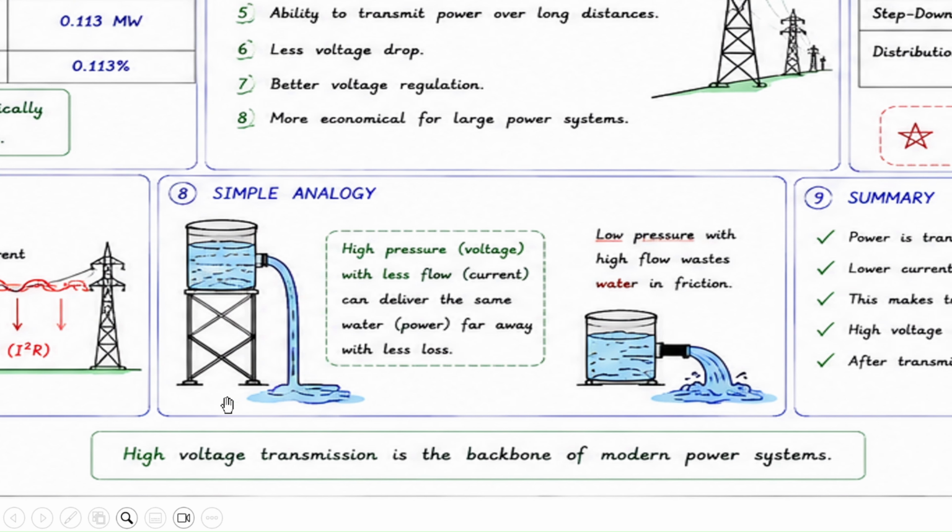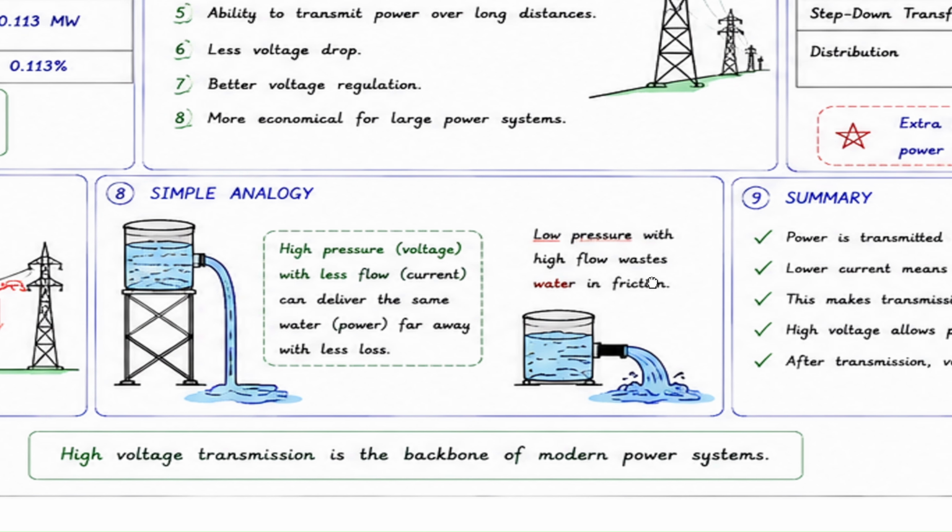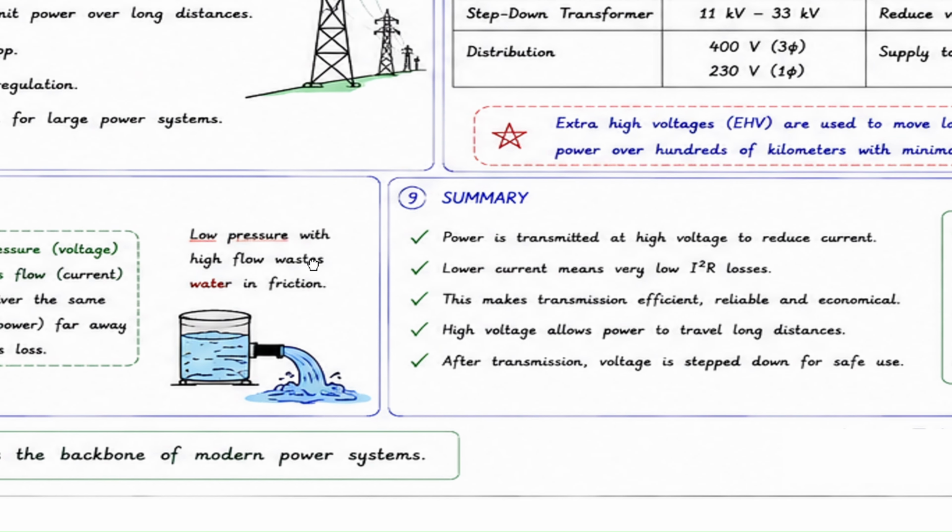So essentially, our main focus is that high voltage transmission is the backbone of modern power systems, and especially for transmission of electrical power over large distances, we always need to use high voltage. That is the core concept.